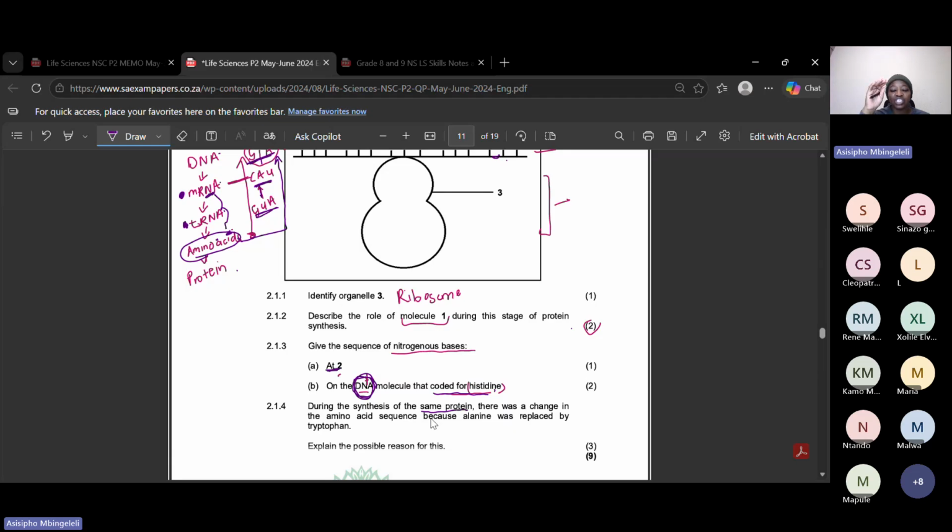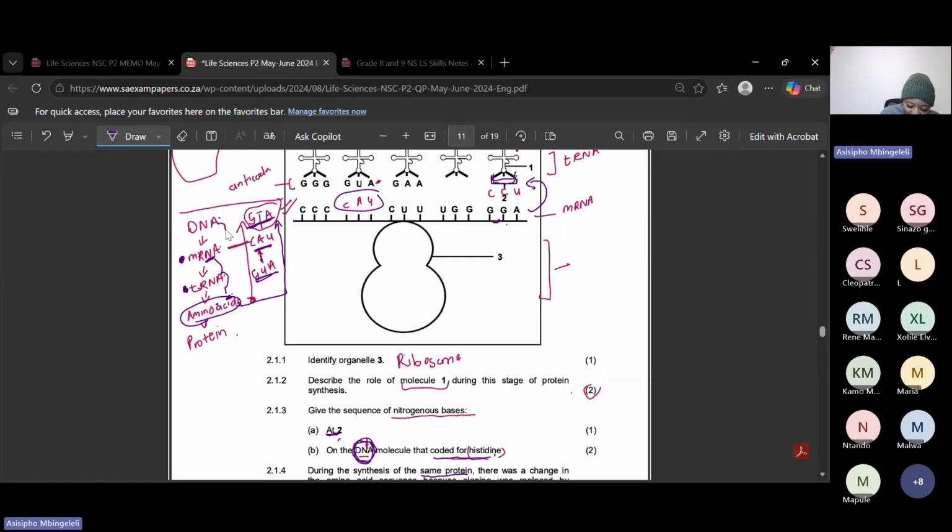Here, if there is a change that has caused the bases of DNA to change, maybe the sequence will change in DNA. So if the sequence in DNA changes, that will impact the messenger RNA codons, that will impact the transfer RNA anticodons, that might impact the amino acid that has been formed. So if the amino acid formed remains the same, that means the same protein is going to be formed. That is important.